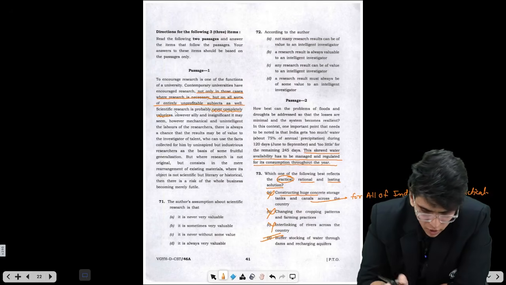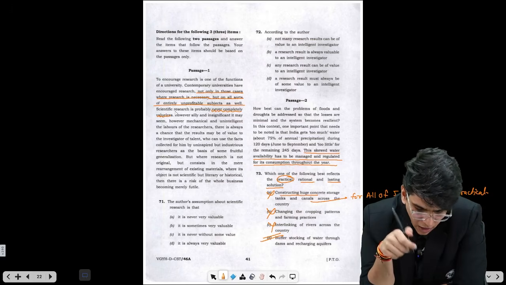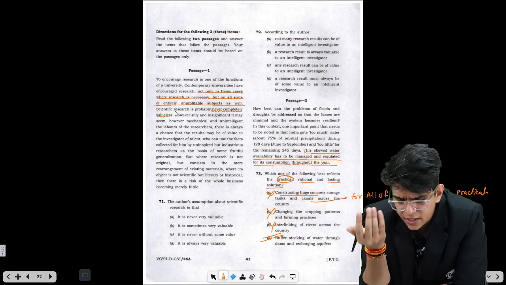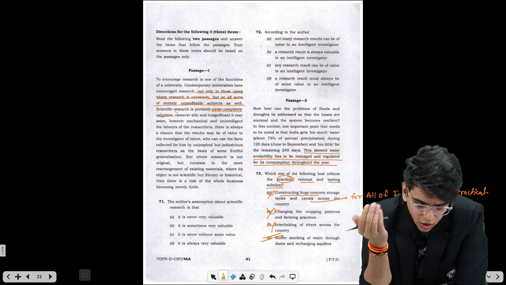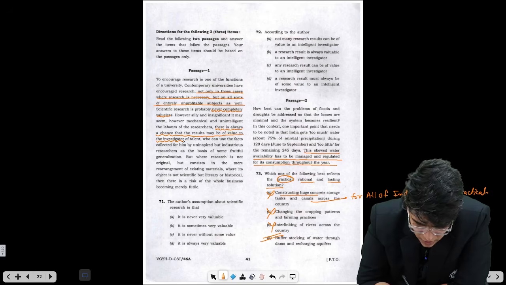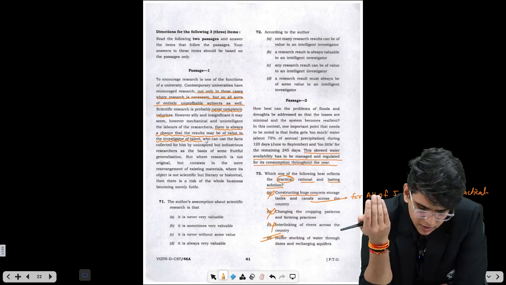So basically, according to the passage, it holds some value every time. However silly and insignificant it may seem, however mechanical or unintelligent the labors of the researchers, there is always a chance that the result may be of value to the investigator of talent. Basically, a good investigator will find something of value in every research.